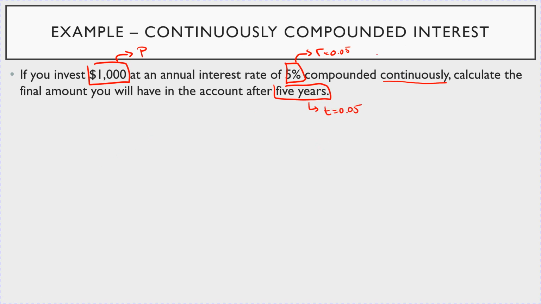All right, so watch. Compounding continuously, A is equal to the principal times e raised to the r times t power. So it's $1,000 times e raised to the 0.05 times 5.